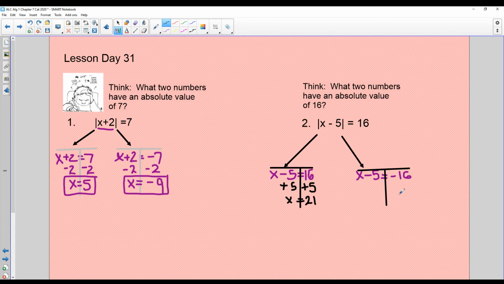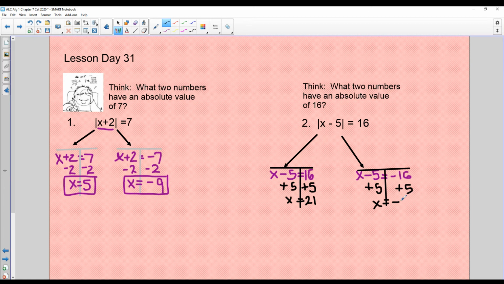Now it's going to feel redundant because how do you undo a -5 over here? You still add 5. If people are going to make a mistake, they think, oh, I had to do something different than add 5. But no, it's the same thing both times. Equal treatment. And last question, what is -16 plus 5?